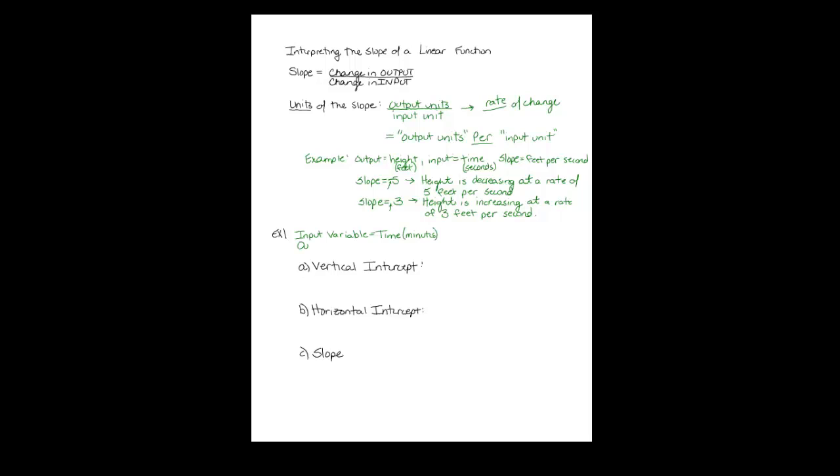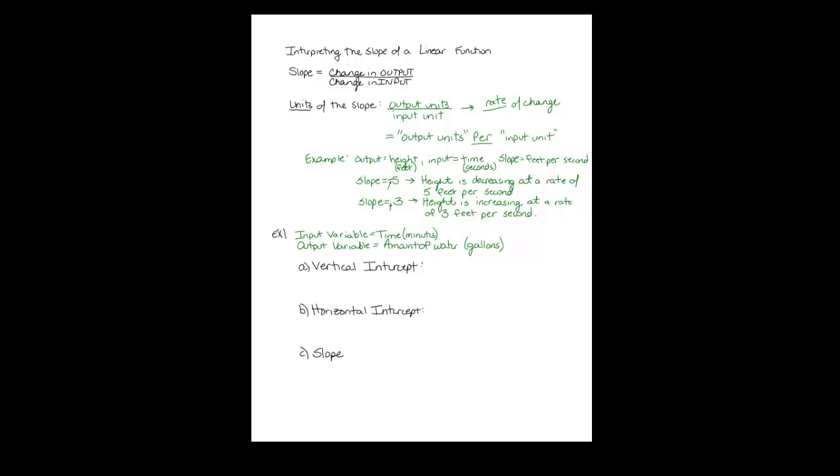The output variable is the amount of water, measured in gallons. And those are two things we have to be able to figure out before we can answer any of these questions.